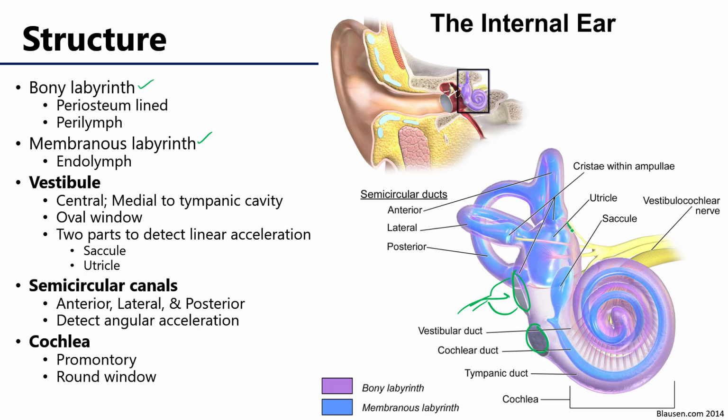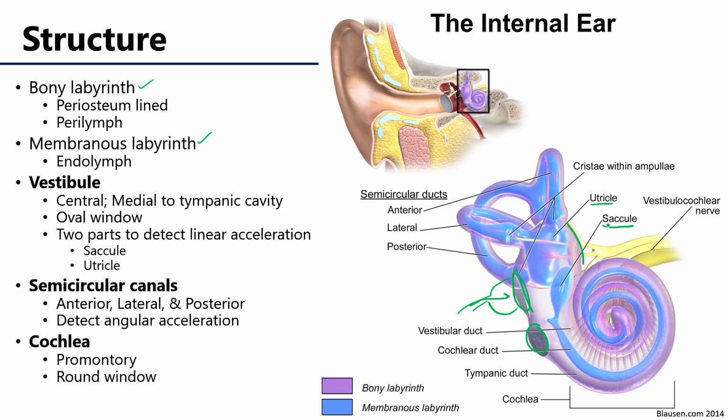So here we have the vestibule. The vestibule is the central part of the inner ear, and it contains two membranous sacs, a utricle and a saccule. The utricle and the saccule are going to be important for linear acceleration.